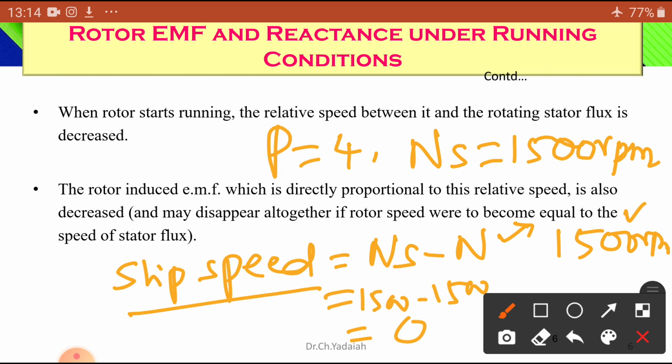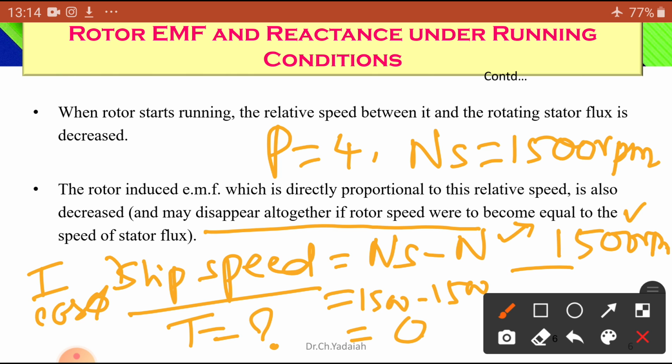The slip speed is equal to 0, and the induced EMF disappears altogether, since both speeds are equal. At that time, what is the torque? Our aim is to find the torque, the current, and the power factor. Everything we are going to calculate in this session.